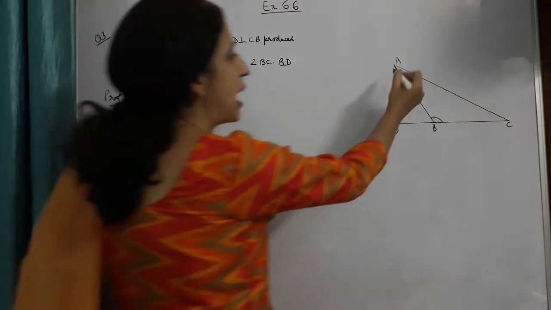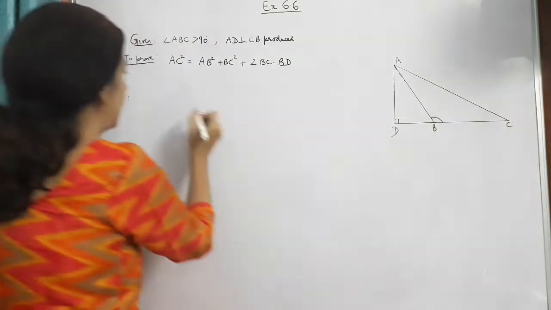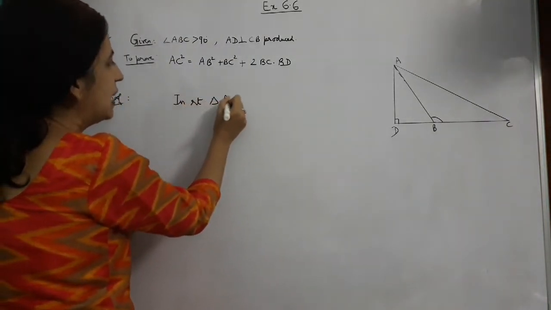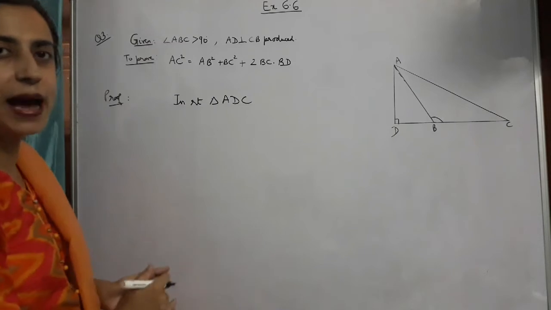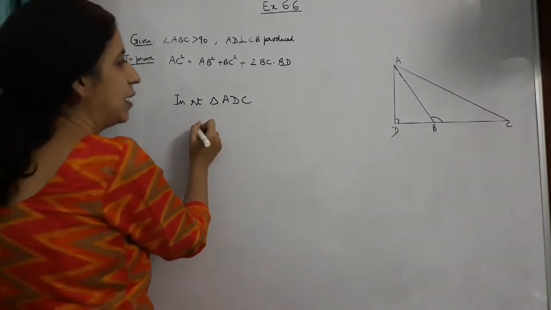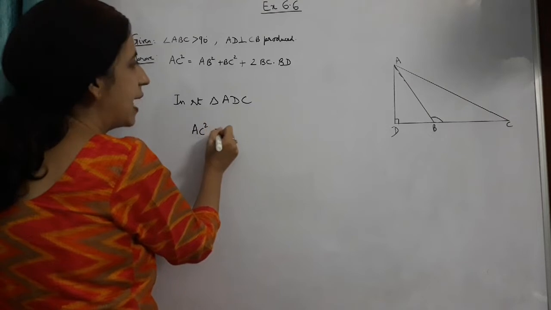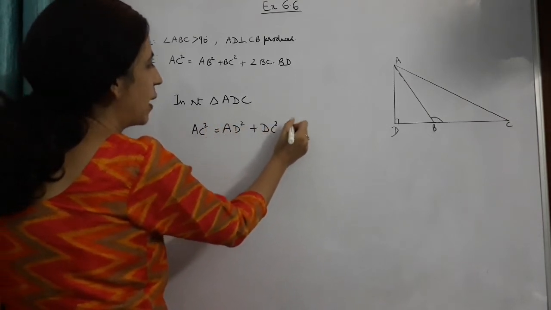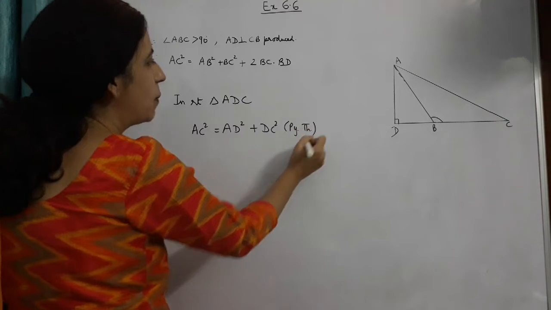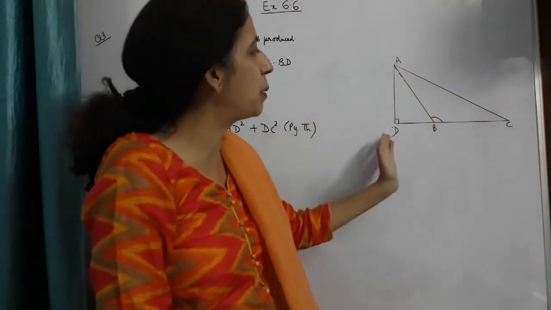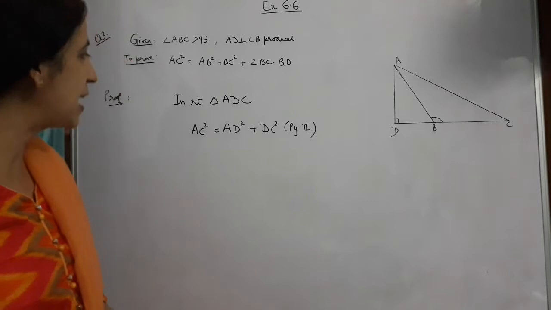Now we take this right angle triangle ADC, and in this right angle triangle ADC we can apply Pythagoras theorem. So on applying Pythagoras theorem we obtain AC square is equal to AD square plus DC square. Hypotenuse square is equal to perpendicular square plus base square.